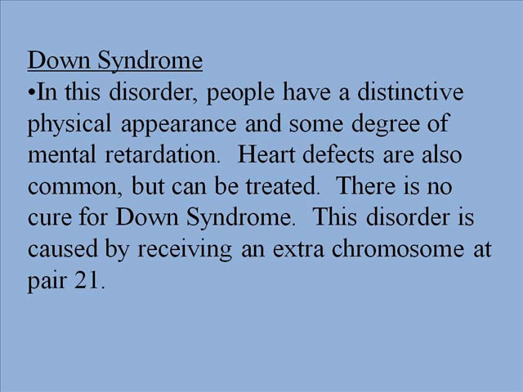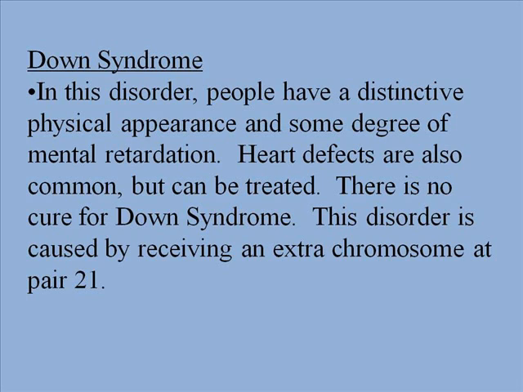Well, in Down syndrome, the 2 halves of the chromosome, when they're pulled apart in anaphase, don't get pulled apart. So instead of mom sending you one chromosome and dad sending you one chromosome, one parent actually sends you 2 and the other one sends you 1. When this happens at pair 21, it causes a disorder called Down syndrome.